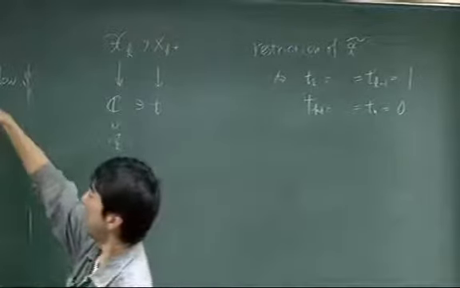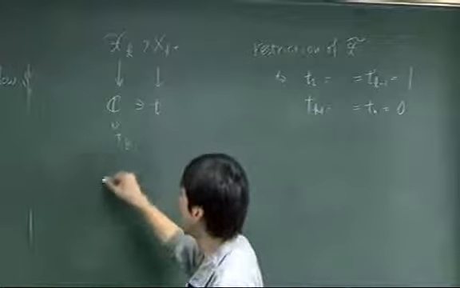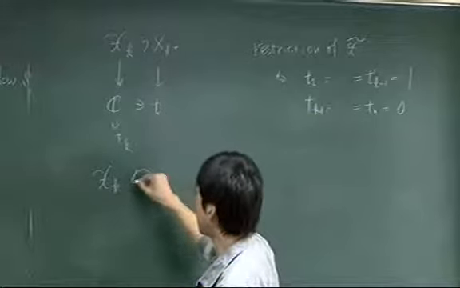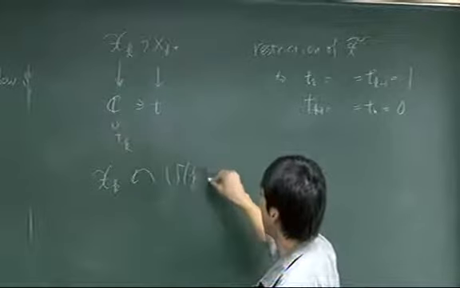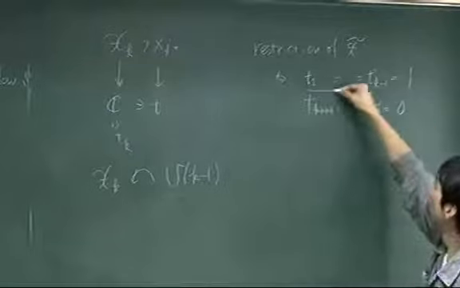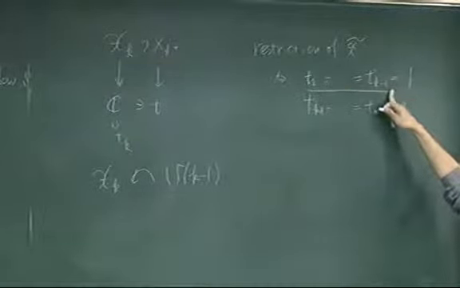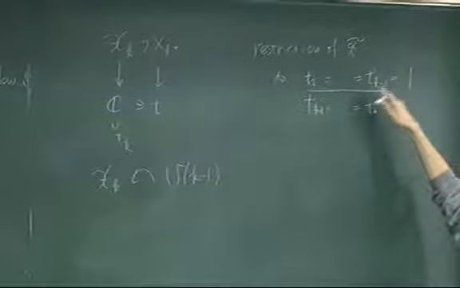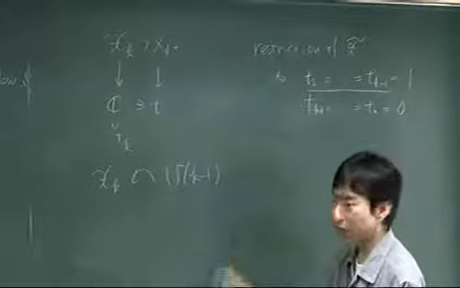Then from this property, xk has an action of U(k-1). Since we assume that T2 to Tk minus 1 is equal to 1, we have an action of U(k-1).